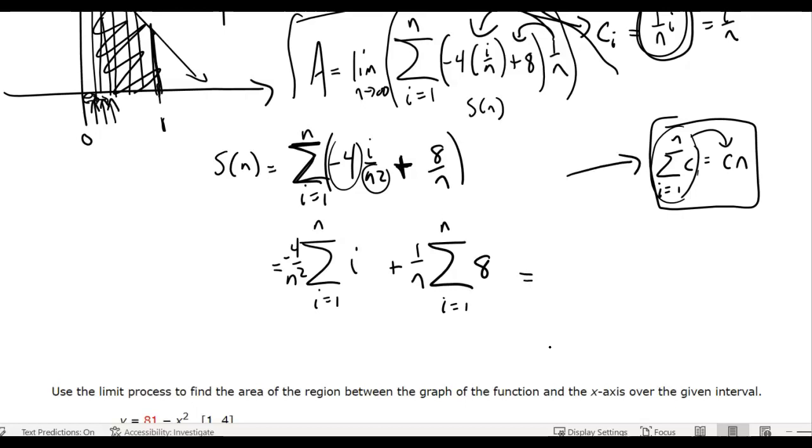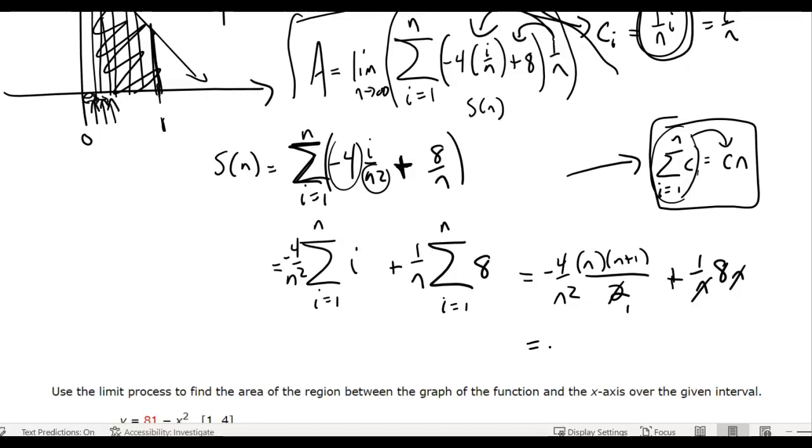Okay, so this is equal to negative 4 over n squared times the sum of i as i goes from 1 to n, which we have a formula for, n times n plus 1 over 2, plus, and this is just adding 8 to itself n times, so that's 1 over n times 8n. Okay, the n's cancel out.